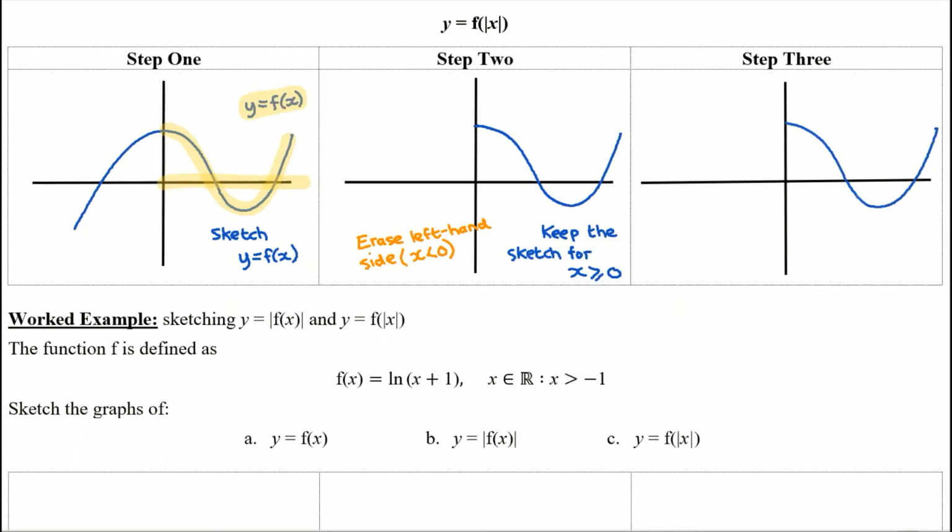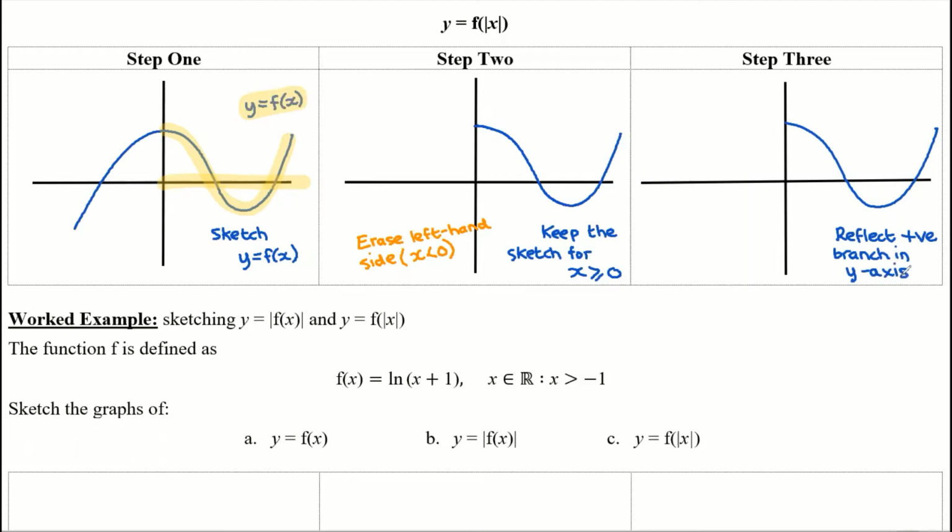No change. We reflect in the y-axis. So this part is now going to reflect. So the positive branch, which we've kept, in the y-axis.